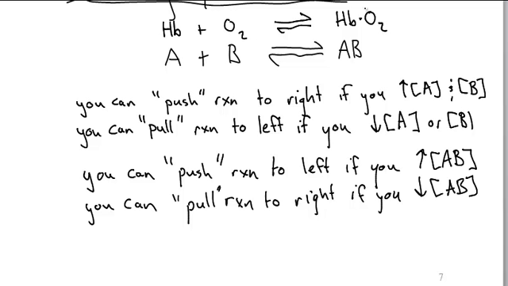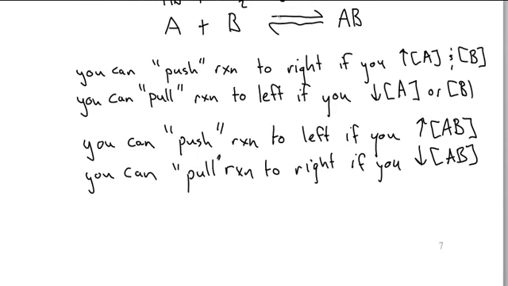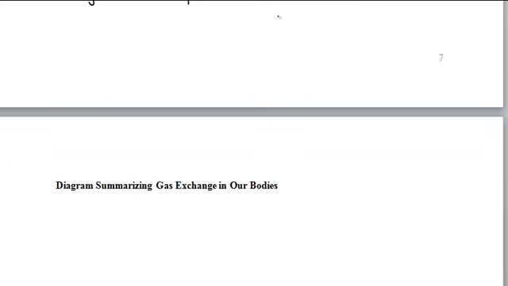If we increase our concentration of oxygen, we will actually push it to form oxyhemoglobin. If we decrease our concentration of oxygen, we will pull it to actually separate the hemoglobin and oxygen into hemoglobin plus O2. Okay? So that's important in how our systems work.